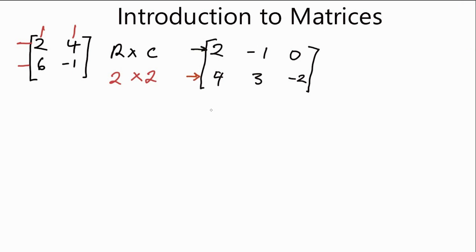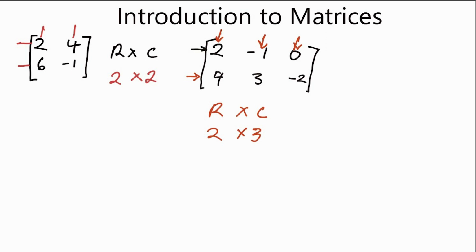So we have 2 rows. When we talk of rows by the columns, we have 2 rows by 1, 2, 3. So this is a 2 by 3 matrix.